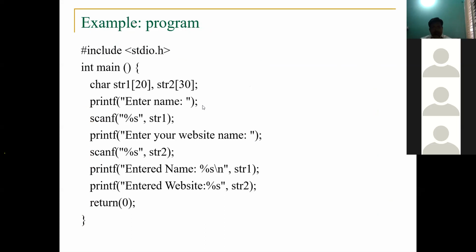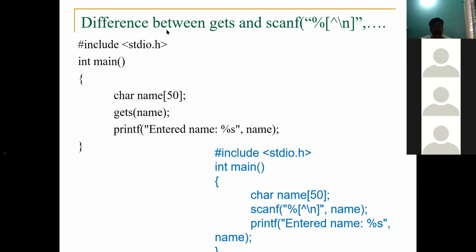Now here's a small example program where I'm trying to accept two strings. I've declared character arrays str1, str2 of size 20, 30. I'm accepting the name and the website name using string 1 and string 2. The next two slides will give you the difference between gets and scanf for a particular control string.